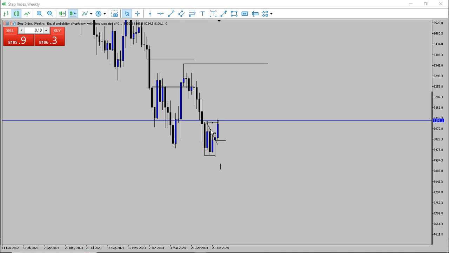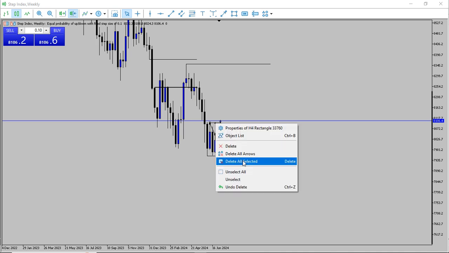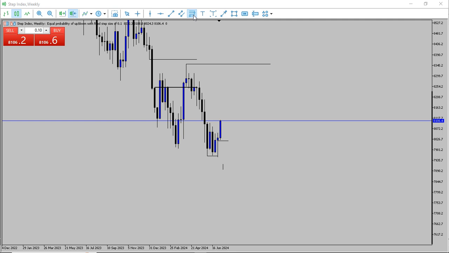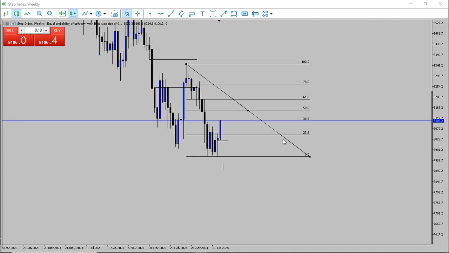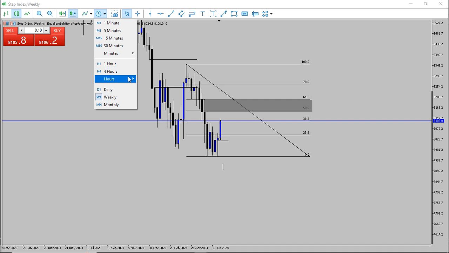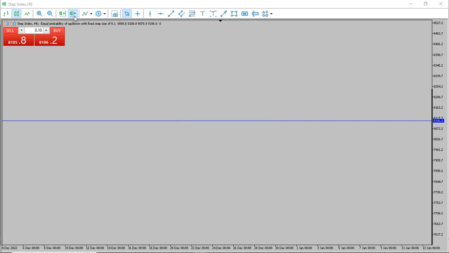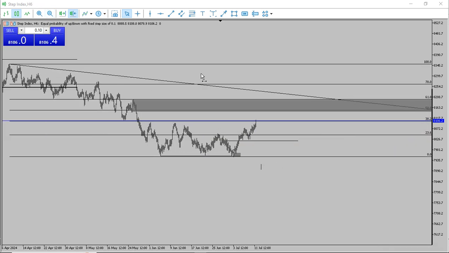So the range now that I'll be dealing with on this step index will just be this high and this low. So if you look very closely, this area of 50%, if I go down to the lower time frame, you will see that it is that supply zone that I marked on the 6-hour time frame, right?